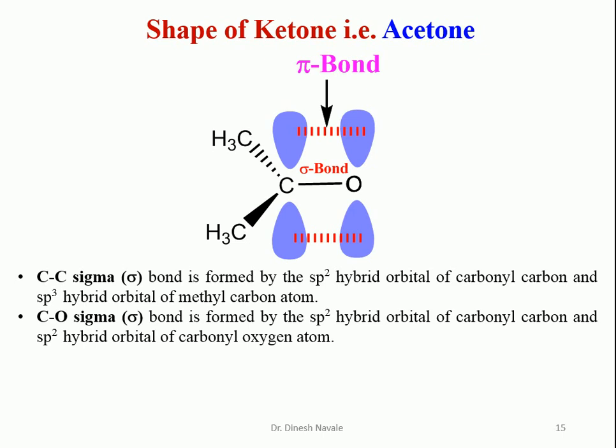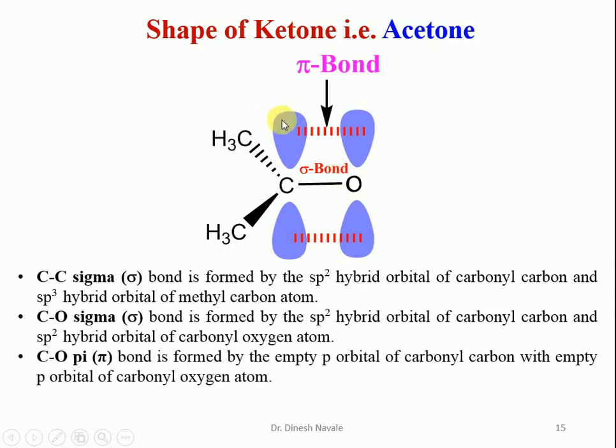So the carbon-oxygen sigma bond will be formed by the sp2 hybridized orbital of the carbon and the sp2 hybridized orbital of the oxygen, whereas the carbon-oxygen pi bond will be formed by the unhybridized 2pz orbital of the carbon and the unhybridized 2pz orbital of the oxygen atom.